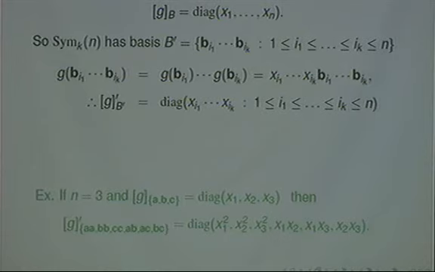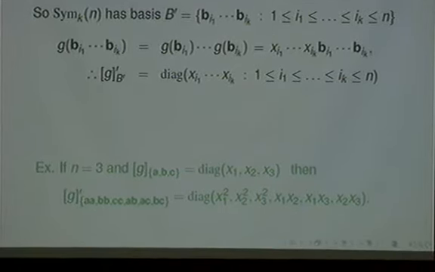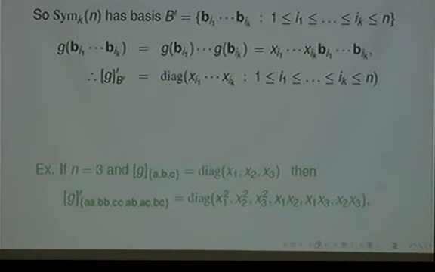I'm going to have basis vectors aa, bb, cc, ab, ac, and bc. What's going to happen on aa? The original action multiplies a by x1, so it's going to multiply aa by x1 squared. Similarly, b gets sent to x2 b, so that's going to multiply bb by x2 squared, etc. So we're going to get all the squares and all the ways of multiplying things. And those in the know recognize what adding those elements gives you.